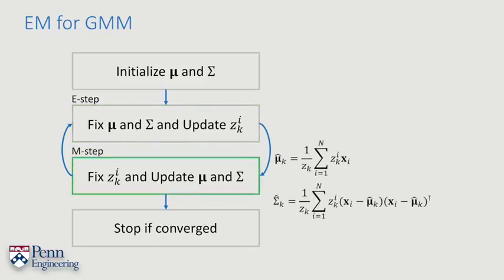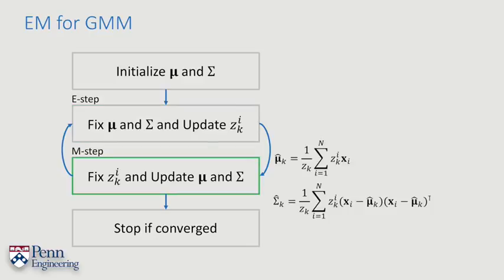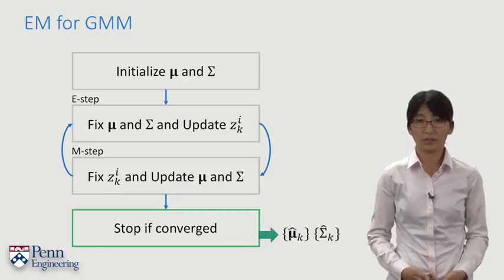Once z is updated, now we fix them and update mu and sigma. You will alternate between these two steps until the change of parameters becomes very small. We are not going to prove it here, but it can be shown that this iteration converges to a local optimum.